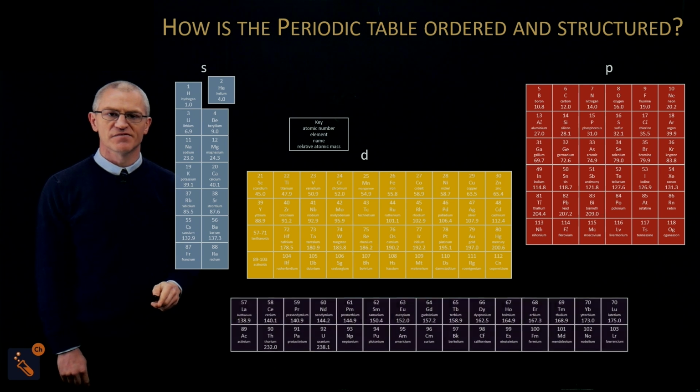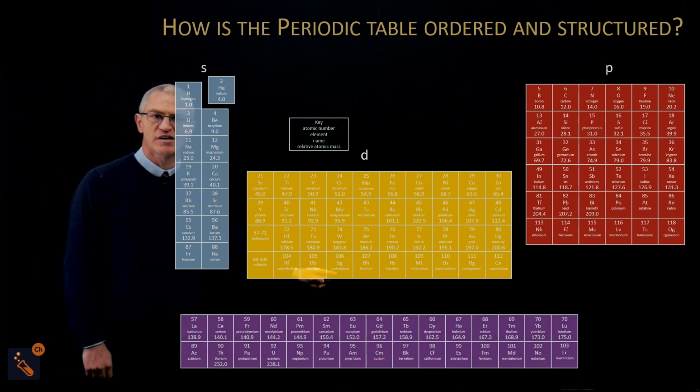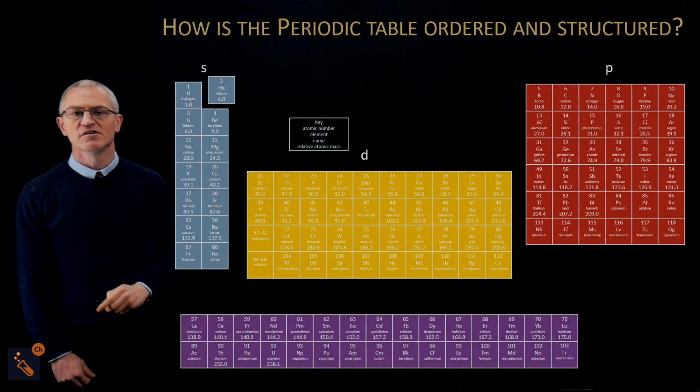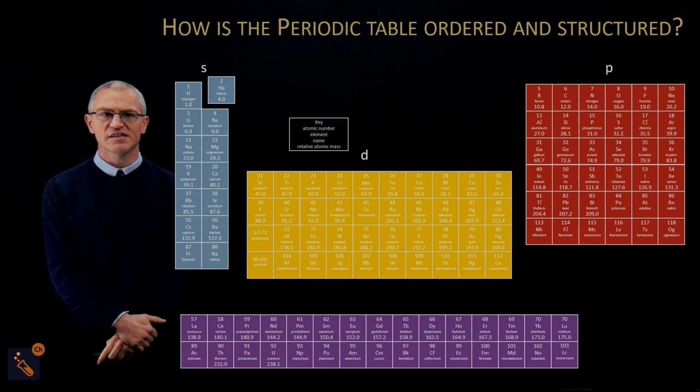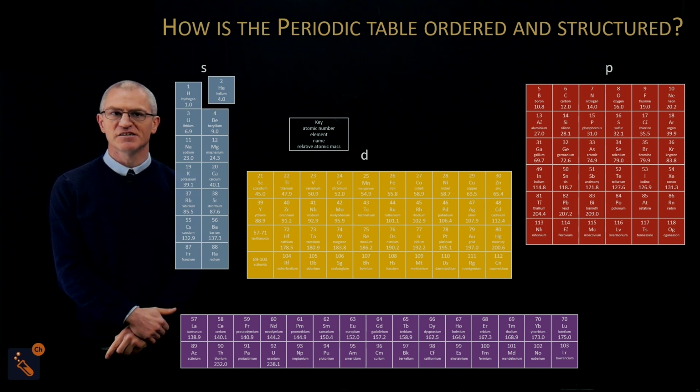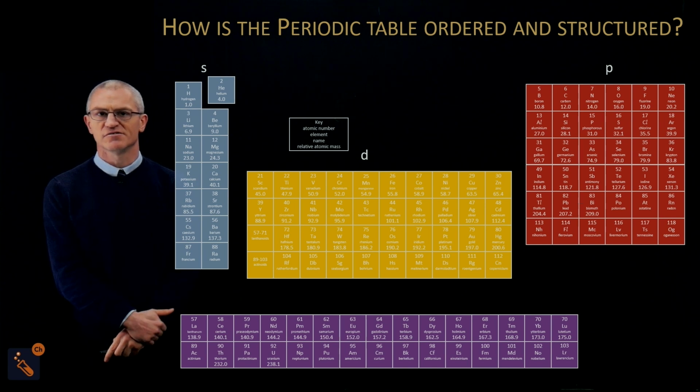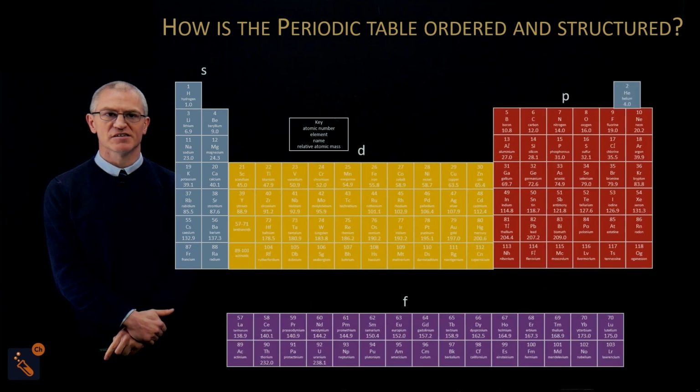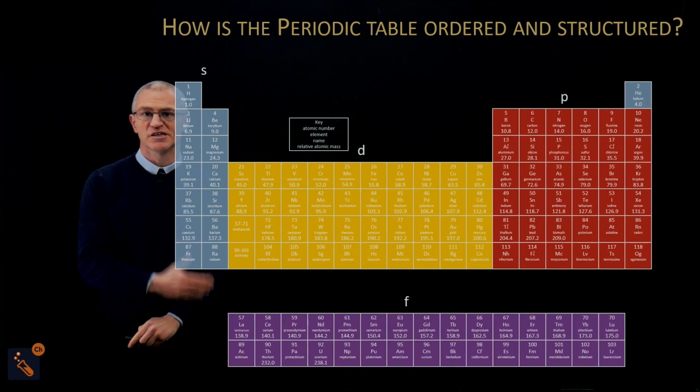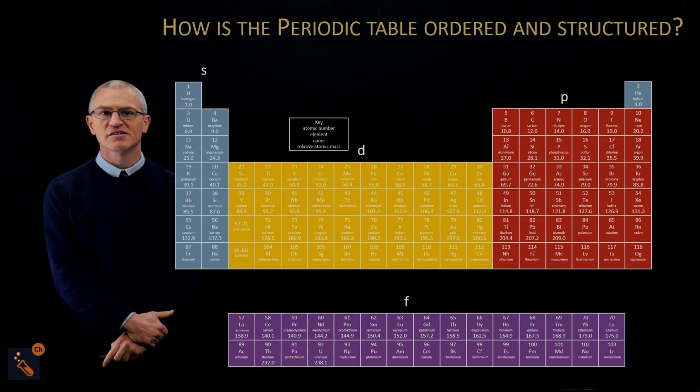And then the F, which has 14 boxes, so we're adding 14 electrons as we go across. So the periodic table is made of these different subshells, and the subshells are part of the shells. And then you can just put the periodic table back together again. I'm going to keep it in these colours to make it obvious about the S, the P, the D, and the F subshells.